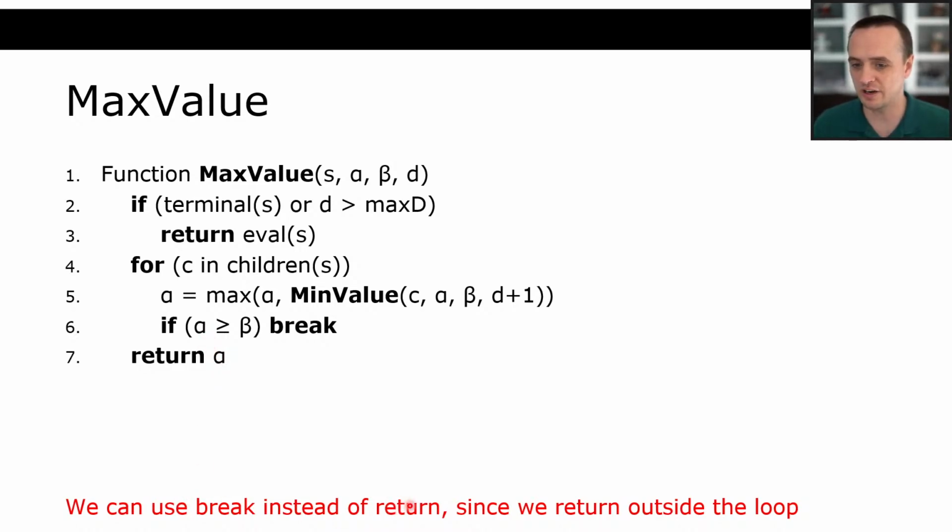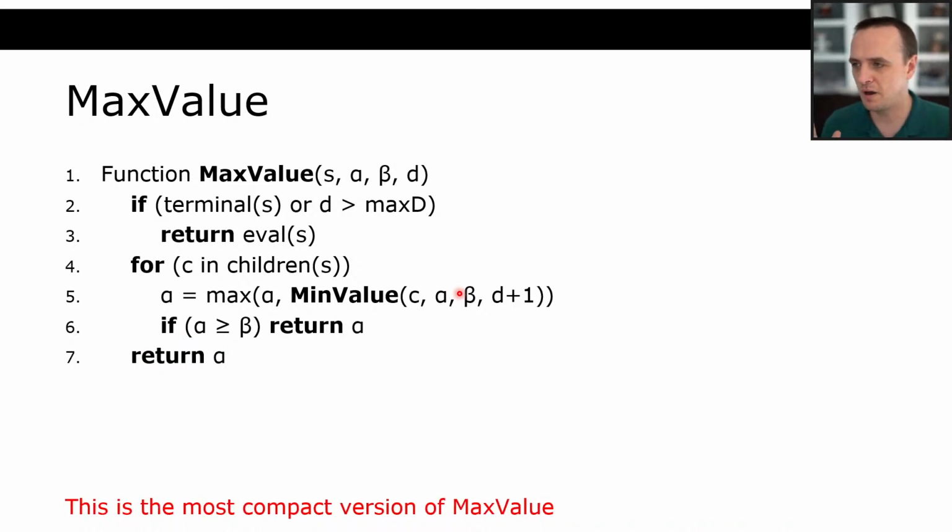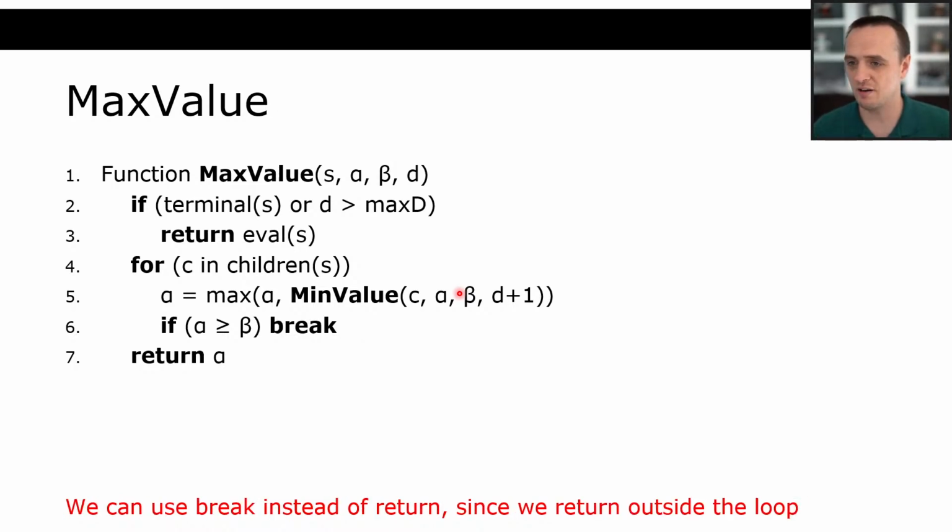I can use break instead of return because we're returning outside of the loop. I know this might seem like, why would you do that? It turns out it's going to have a really good property in the next couple of slides. So we have break here, and now I have this shortened version of the MaxValue algorithm.